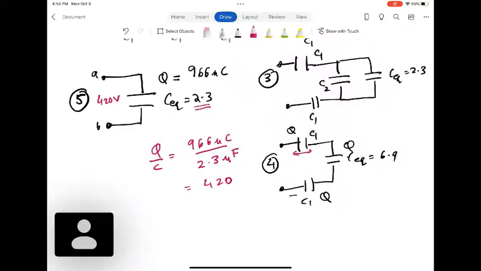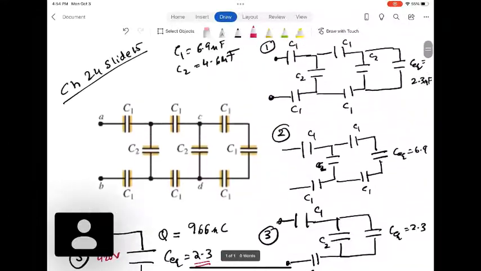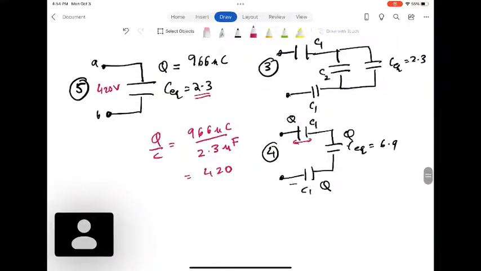So no, C1, sorry, C1 is 6.9, not 2.3, 6.9 microfarad. And so 966 divided by 6.9 is 140.